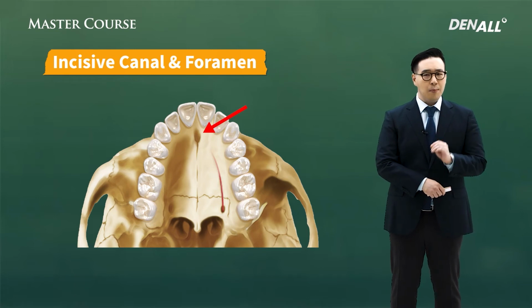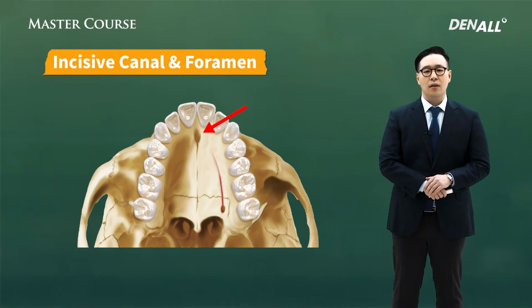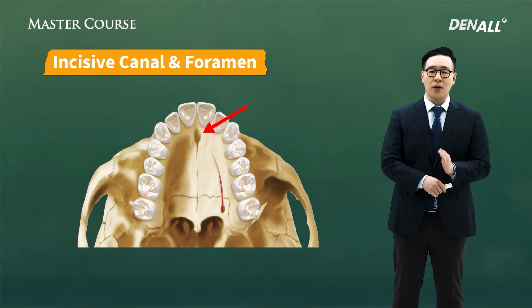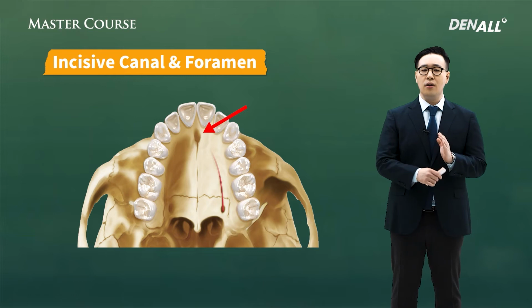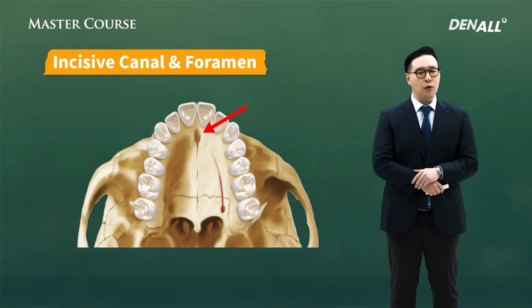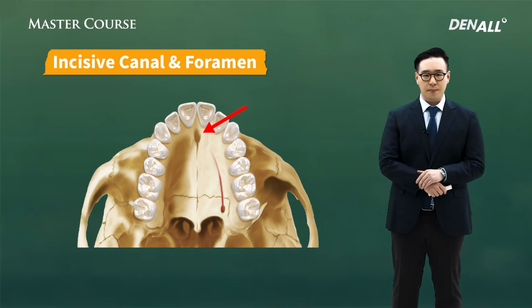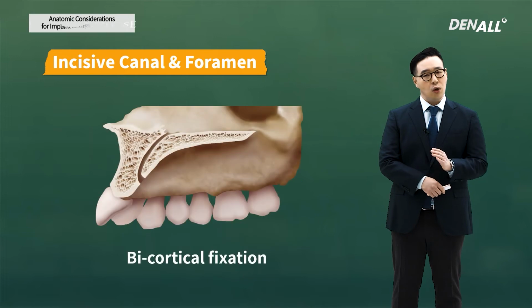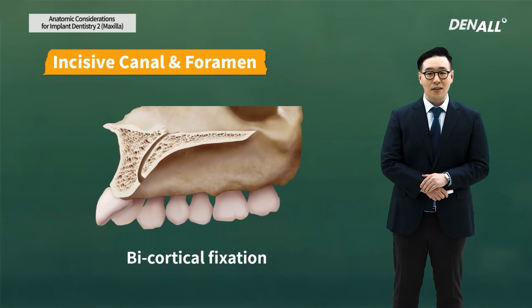If such penetration is minimal, then from the cortical bone, you can gain initial stability and it will not hurt the prognosis of the implant. Rather, it could give you solid ground for initial stability.